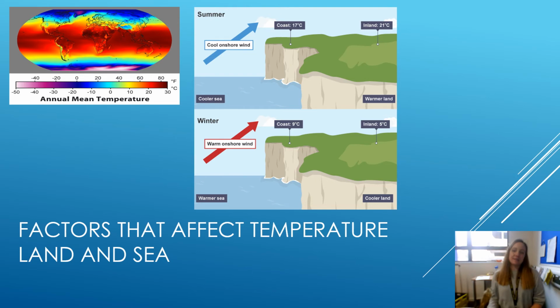In the summer, the sea keeps us cool, and in the winter, the sea keeps us warm because the sea takes much longer to cool down or heat up. Again, that's why Antarctica is much cooler, because it's a land mass, whereas the Arctic is actually an ocean, and so it takes longer to cool down and heat up in the summer and winter.